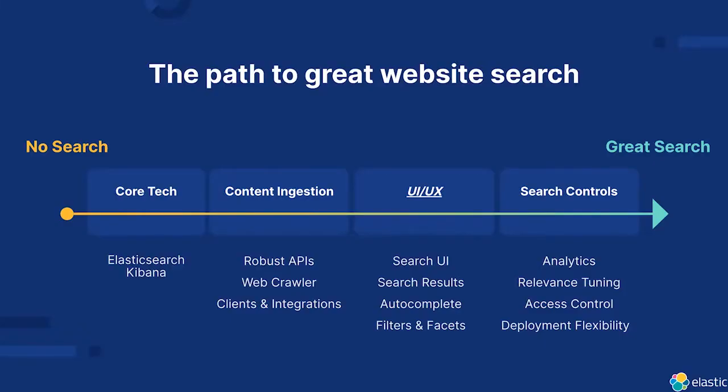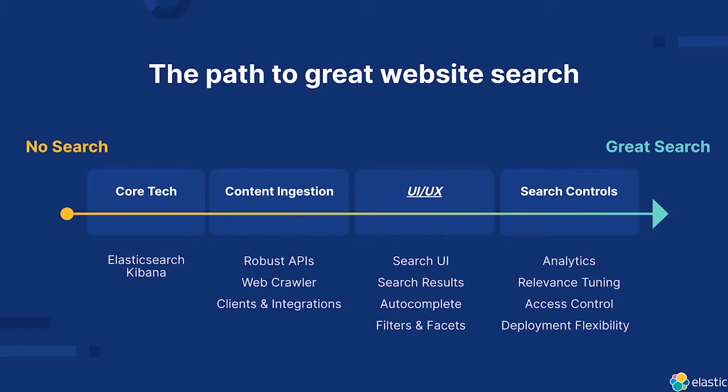The next phase, once we are able to identify what content is being ingested and how, is to handle the UI and the UX correctly. We provide a bunch of utilities to do that. Of course, there is a search UI component, or a search UI library, which you can download from Elastic App Search or define yourself, which would define what kind of search results you want.